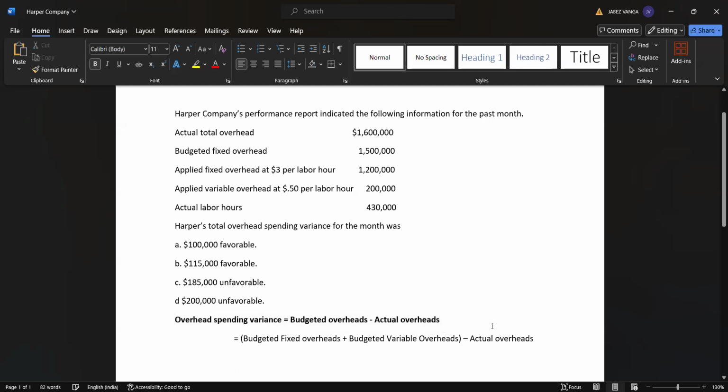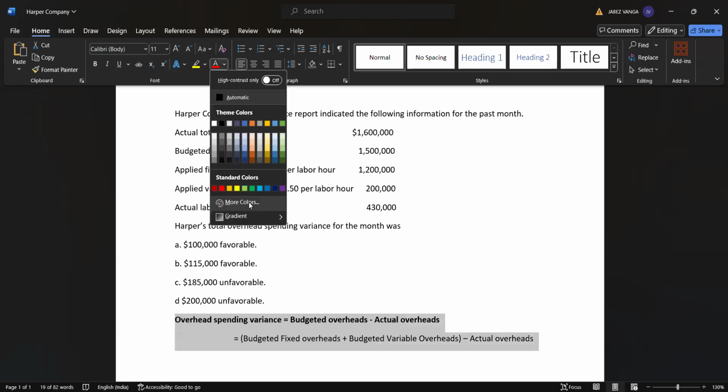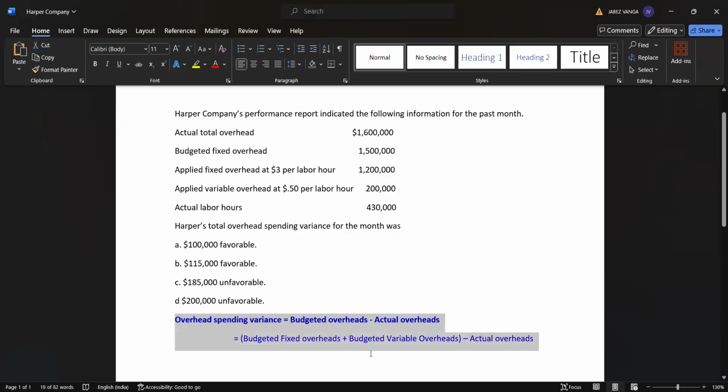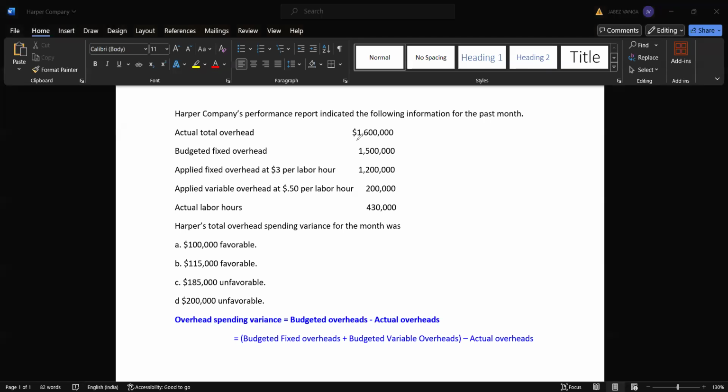Now, from the data what we have, we have the budgeted overheads minus the actual overheads. Actual overheads, the data is already provided to us, which is 1,600,000. So this is there.